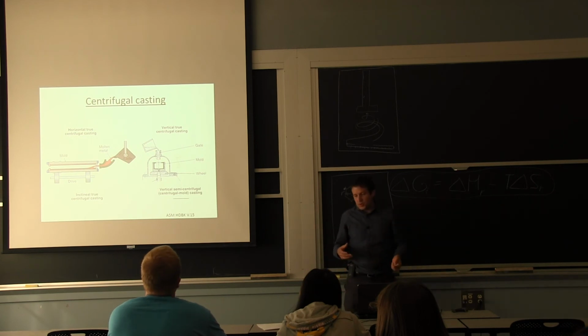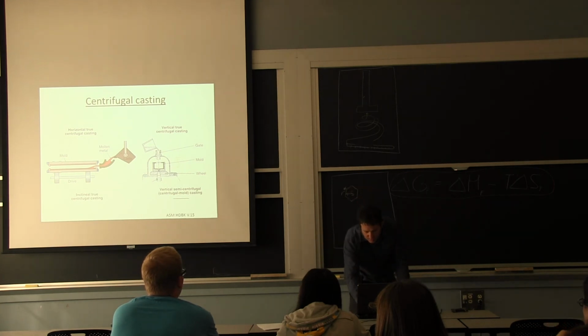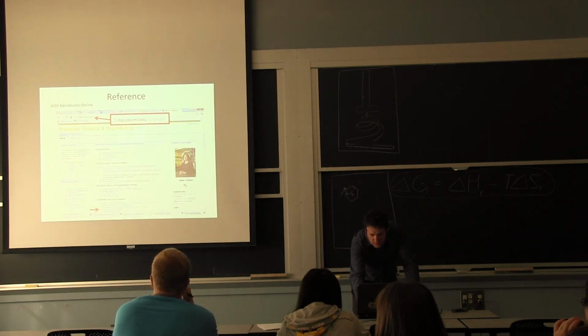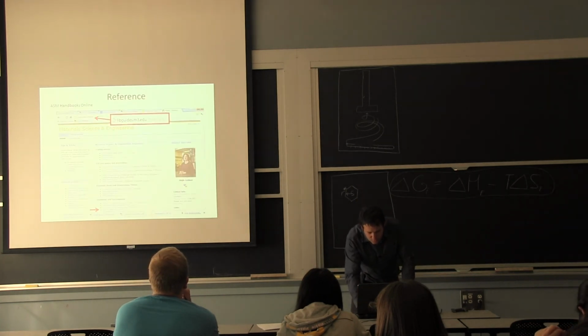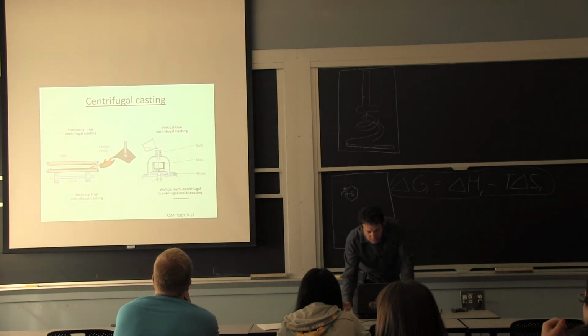So one advantage is you don't really need a pressure system and pistons in a very complex way for feeding the metal like we've shown in this schematic. You just start spinning, and eventually the molten metal gets off your little crucible here and gets distributed.